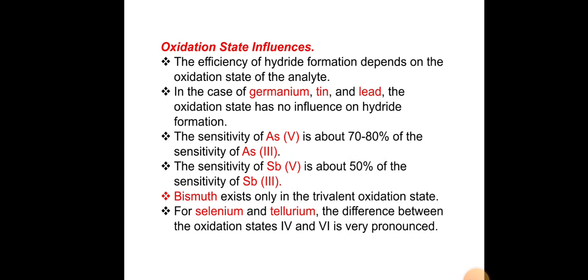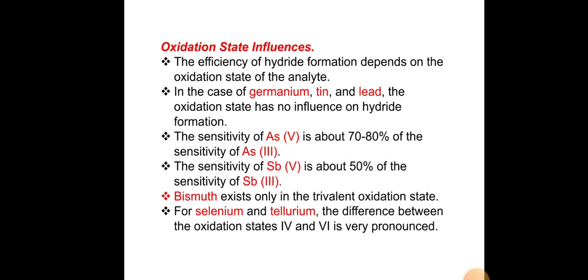The efficiency of hydride formation depends on the oxidation state of the analyte. In the case of germanium, tin, and lead, the oxidation state has no influence on hydride formation. So for these three elements, we have no problem.